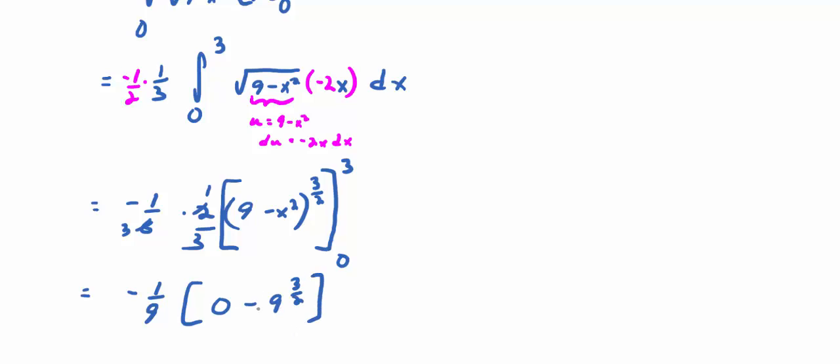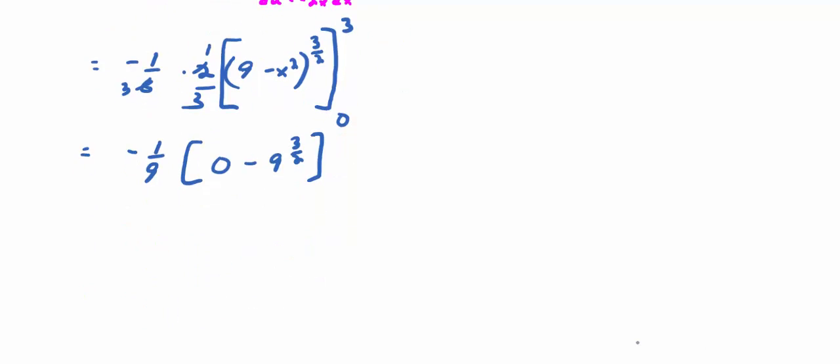And that's a minus right there. So that means we have positive 9 to the 3/2 over 9 as our answer. If you can evaluate this, the square root of 9 is 3, cubed is 27. 27 over 9 is 3. So it's 3 cubic units, whatever the units are, 3 cubic units, that's your answer.